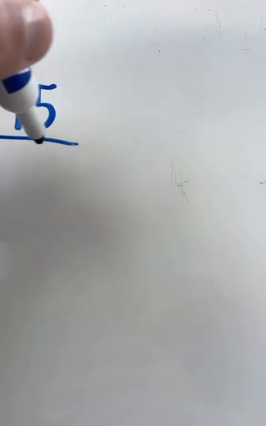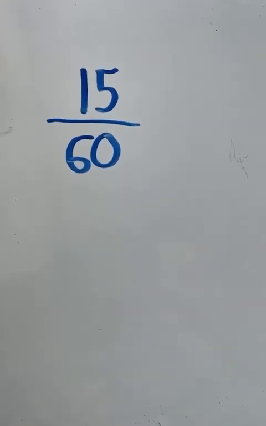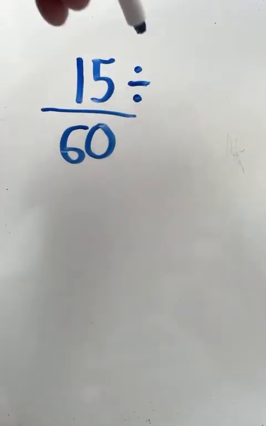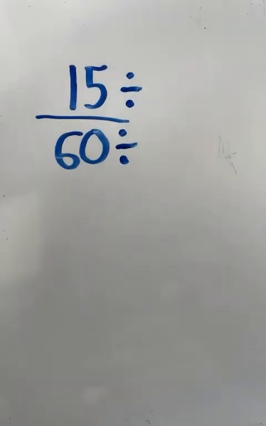We will do 15/60ths. All right, so dividing by the greatest common factor. The greatest common factor between 15 and 60 is 15.